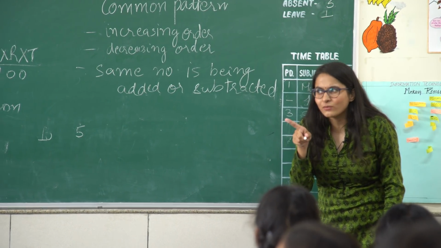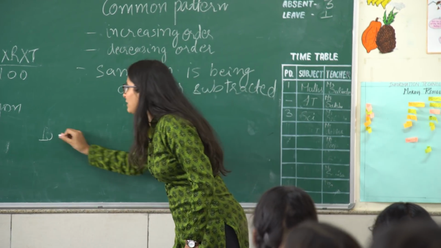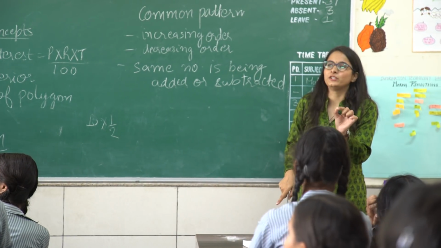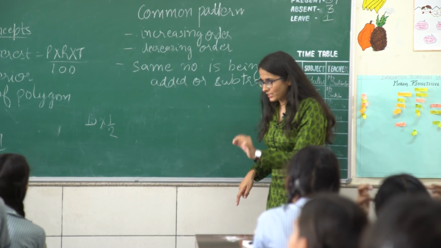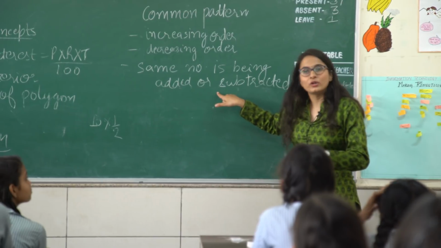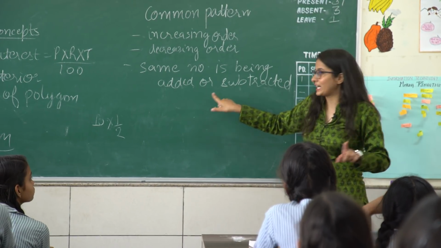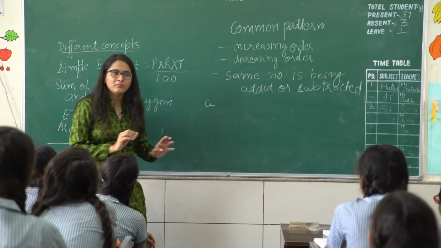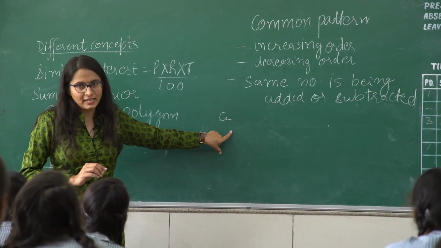Are you subtracting 1 upon 2? 10 into? So what operation are we using? Are we adding or subtracting? Good point to note. In an arithmetic progression, only if we are adding or subtracting do we call it an arithmetic progression. Usually in any AP there is always a first term and it is denoted by A.